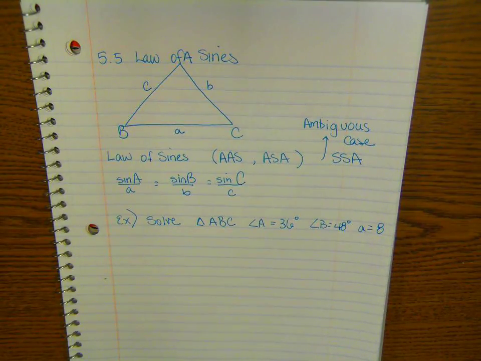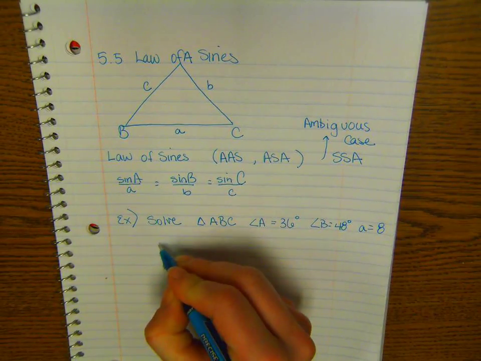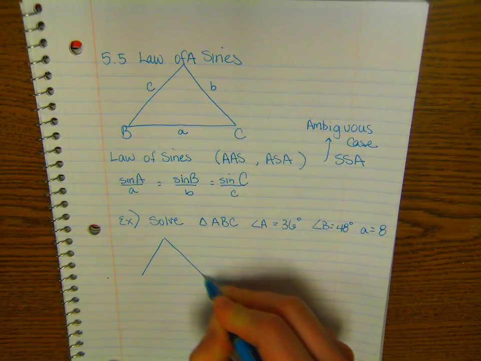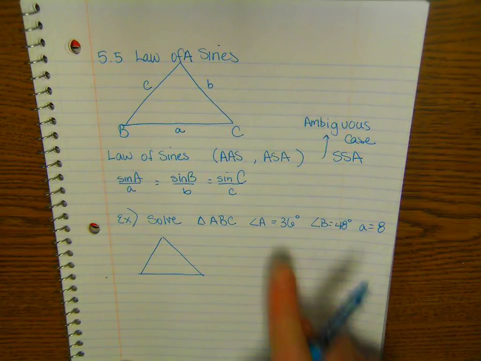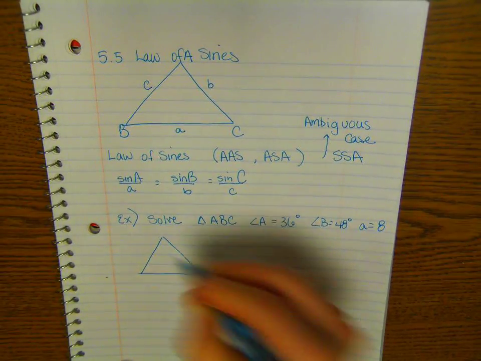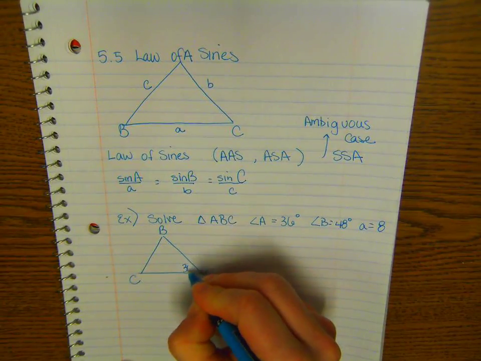So I always like, even if it's not a perfect picture, to draw a little picture to see what I'm looking at. So I'll just try to draw the angles kind of the same, and I'll try to put the smaller angle A. A is 36 degrees. Where should I put 8 then?